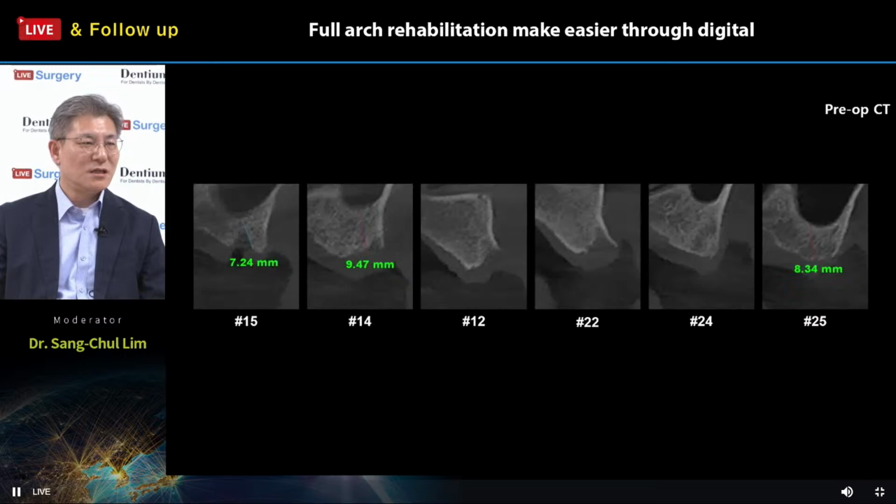So anterior implantation was planned: number 12, 14, 15, 22, 24, 25. And after 1 week from extraction, the intraoral situation is here. Actually, he didn't suture after extraction, so after just 1 week we cannot see the stitch.